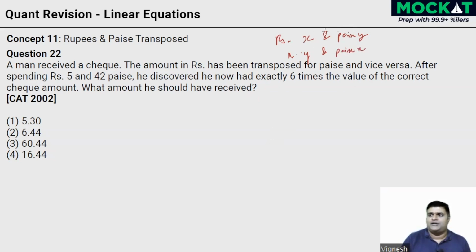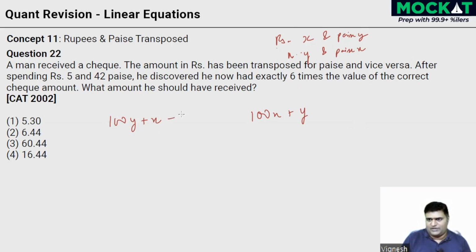So what is the relationship between rupee and paise? 1 rupee is 100 paise, right? What should have been 100x plus y has been given out as 100y plus x. That is what has happened. Amount in rupee has been transposed for paise. Now from this 100y plus x, this is what ended up happening.